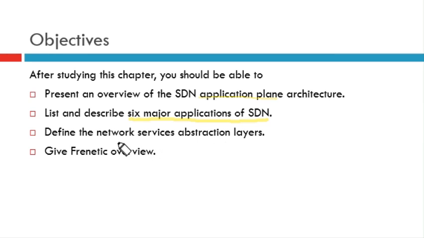Then define the network services abstraction layer. Very important point: the network services abstraction layer. We will also discuss it. And at last, we will discuss a Frenetic overview. So these are the objectives to be covered in this lecture.